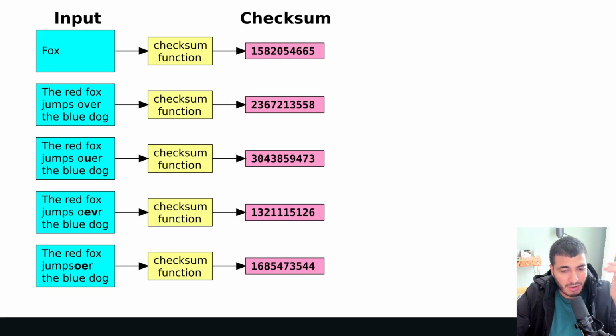And after that, we have the receiver. When the data is received or retrieved, the same checksum algorithm is applied again to the received data, okay? And after that, we will do some sort of verification. So the newly computed checksum is then compared to the original checksum that came with that data.